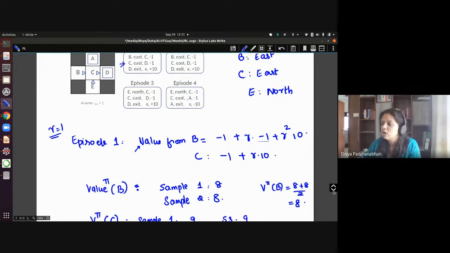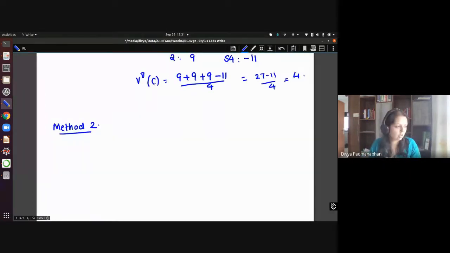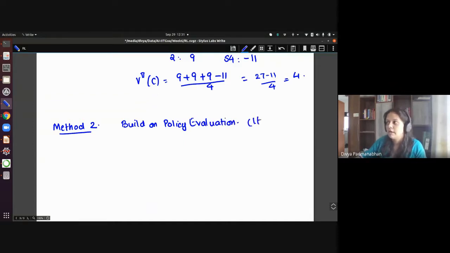So what I'm going to try now is build on policy evaluation. There was this iterative method, right? Let's just do a recap of it. The iterative method for policy evaluation.